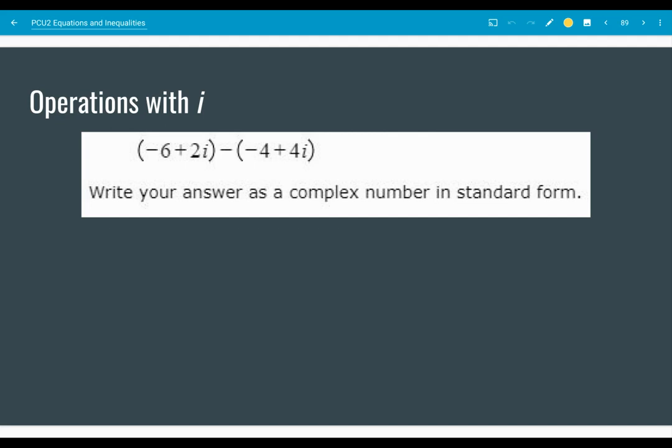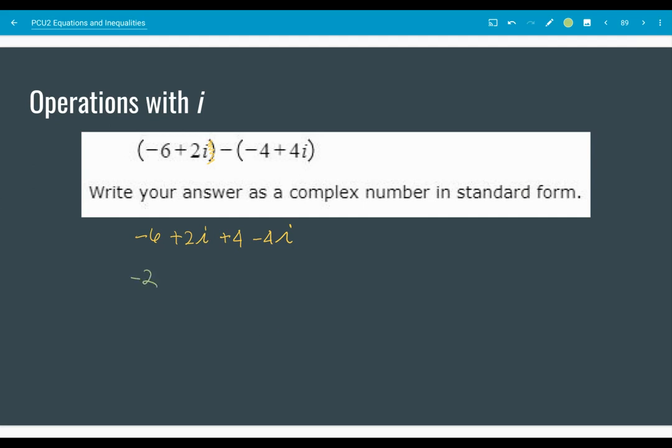Now, operations with i. i, in essence, kind of works like a variable. So we can clear those first parentheses. We have to distribute that negative. And now it's a matter of combining like terms.